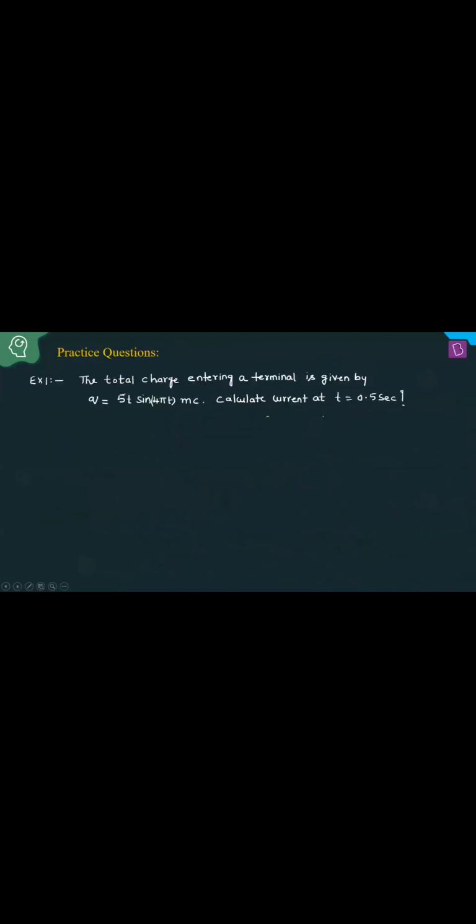Can anybody answer this one? The total charge entering a terminal is given by q equal to 5t sin 4 pi t millicoulombs. Calculate the current at t equal to 0.5 seconds. Can you try it? Come on, do it.